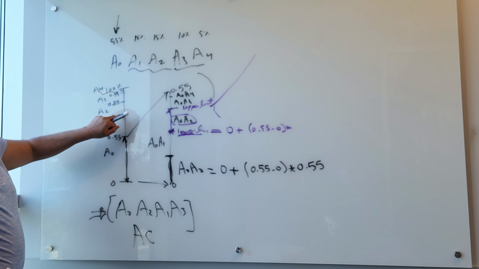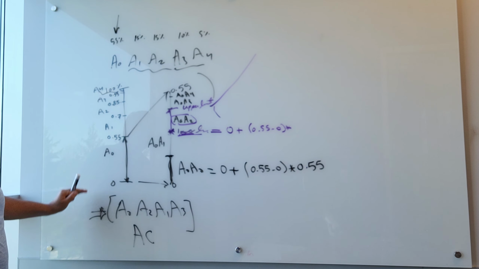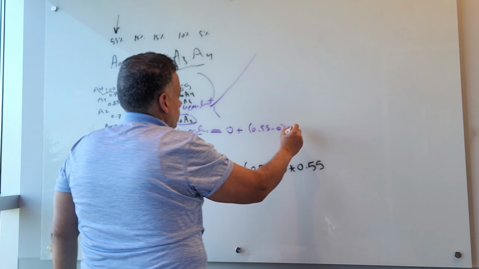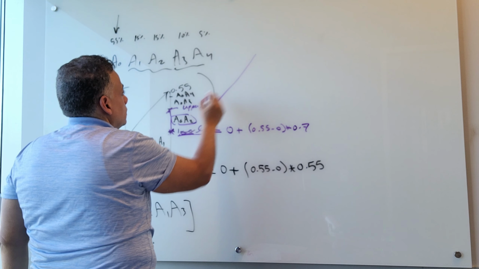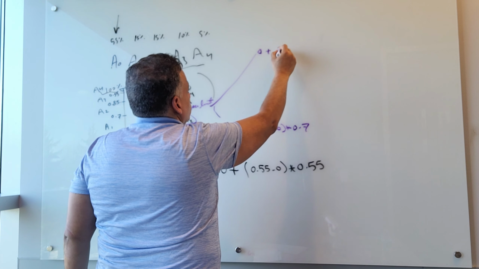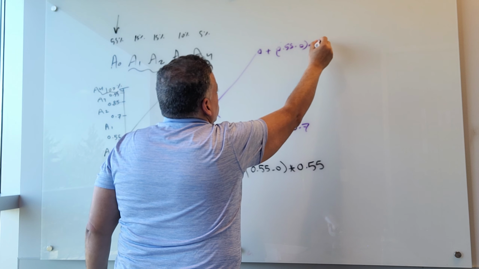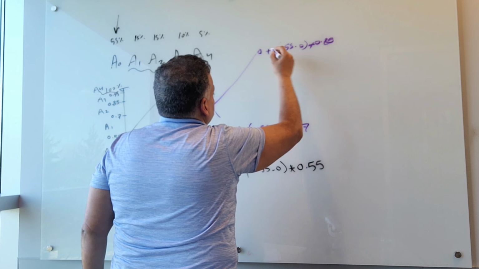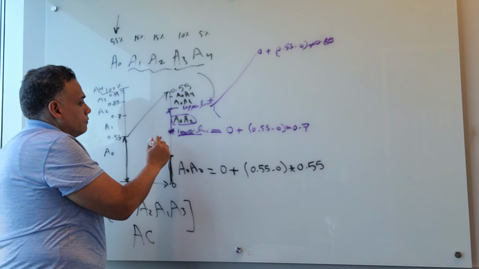Here it is 0.7, and the end of this interval is 0.85 in the first mapping. So 0.55 multiplied by 0.7, and then the upper bound is again 0 plus 0.55 minus 0 multiplied by 0.85. That gives us the lower and the upper range of that interval.